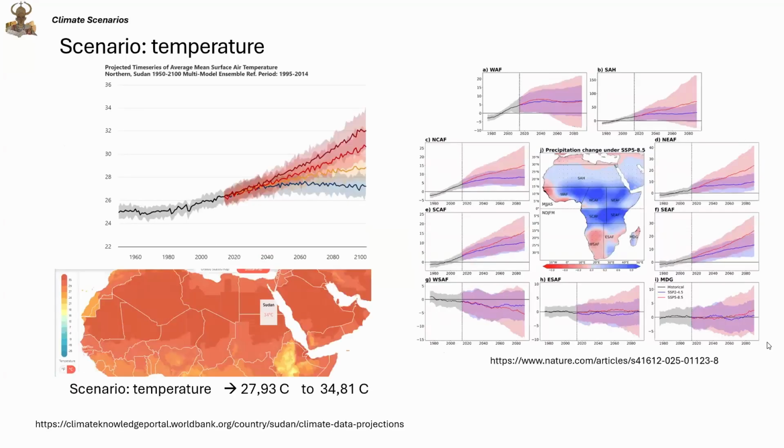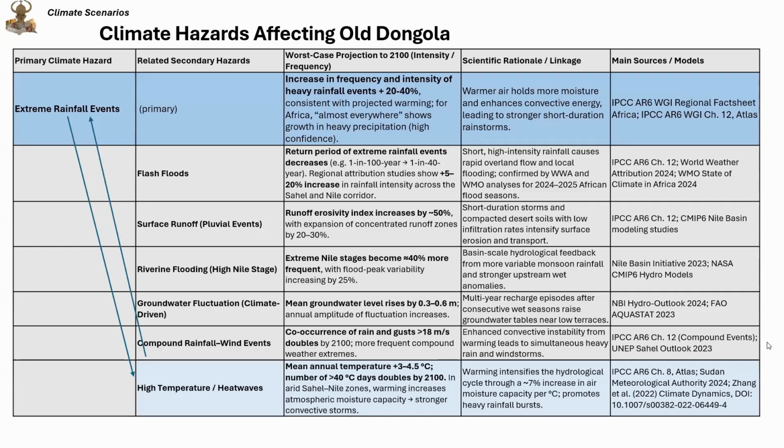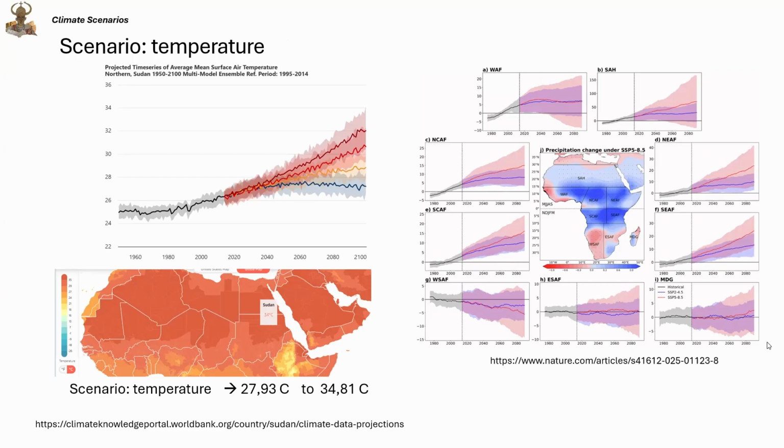This is a climate knowledge portal, and I recommend you check these websites and see what you can analyze with them. And here you can also see a map showing that it's not like that in all of Africa, that temperature is growing so fast.